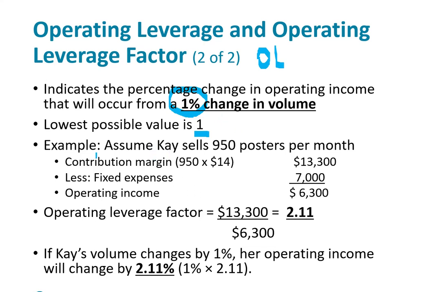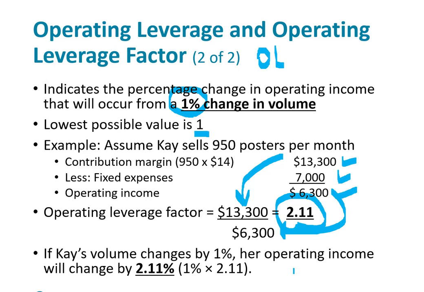Now, in an example, assume that K sells 950 posters. Just bringing out the math, here's our contribution margin, here's our fixed expenses, here's our operating income. Again, contribution margin is the numerator, operating income is the denominator, and our operating leverage factor in this case is 2.11.